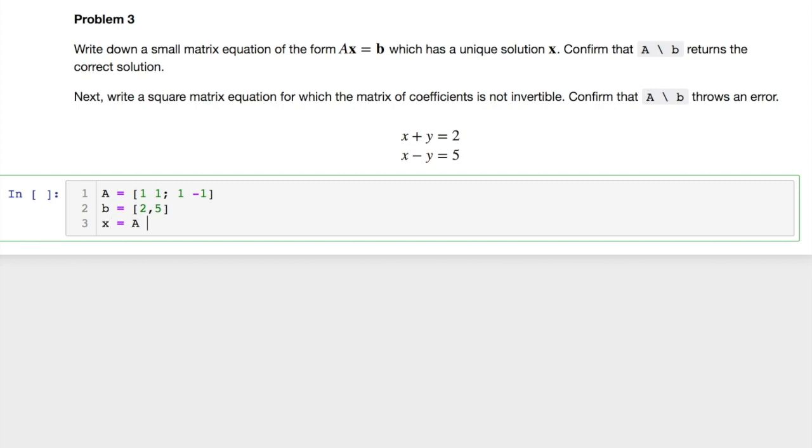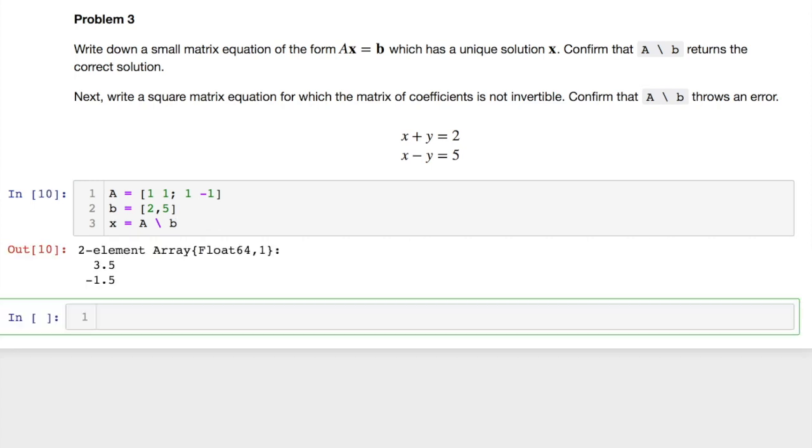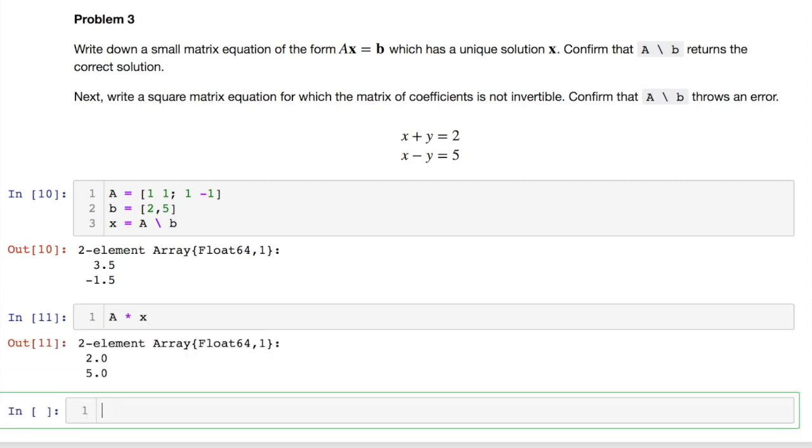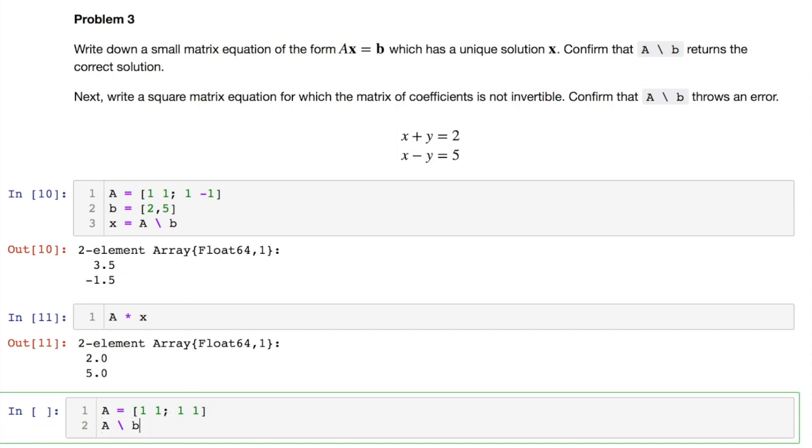We solve this system by calling the backslash function on A and b, and it returns (3.5, -1.5). We can check that this solution is valid by calculating A times x and check that we do indeed get (2, 5). If we call this backslash function on a matrix that isn't invertible, then we get an error.